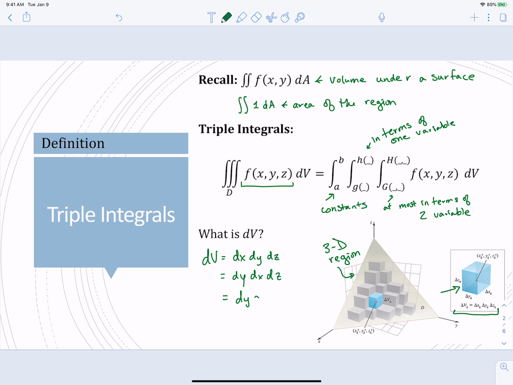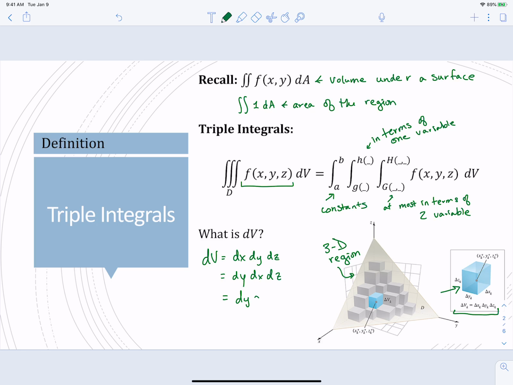Let's see how many of these I can do. There's a couple, but that's not all of them. There might be another one that I'm missing there. Oh, maybe it's this one, dx, dz, dy. So let me double check to see if I'm missing one of them. I might be.